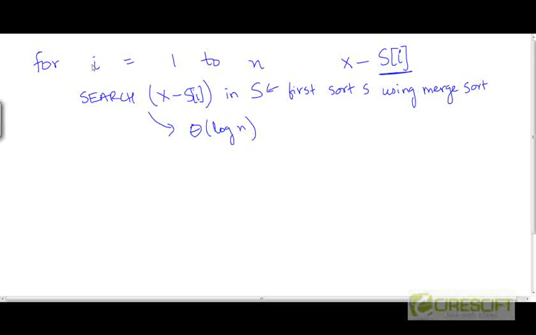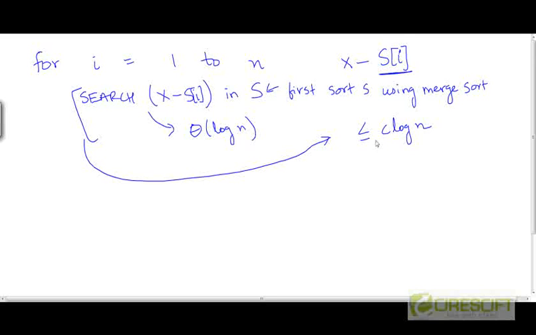Right? So if for a given value of i, this is going to take time that is proportional to log n, or let's just worry about an upper bound. This search operation is going to take some time that is upper bounded by a constant multiple of log n, time taken to run the body of this loop.